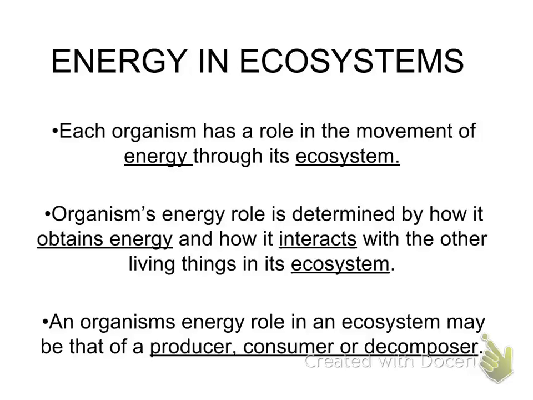And the role that they have is determined by how they obtain their energy and how they interact with other living things in the ecosystem. This is where those roles of producer, consumer, and decomposer come in. We're going to find out in a moment, were we correct where we placed our organisms?